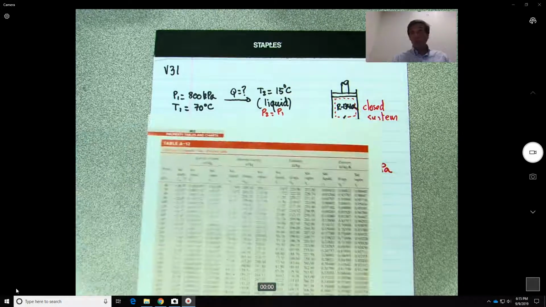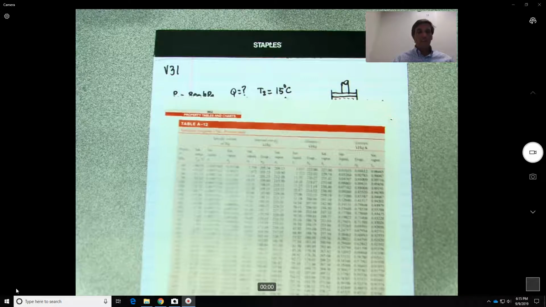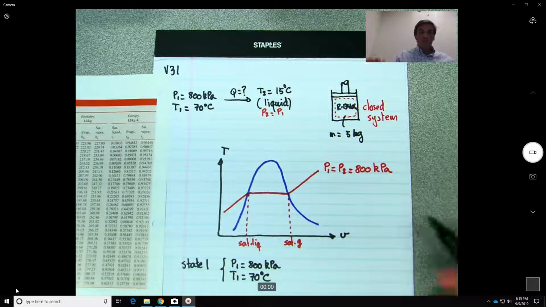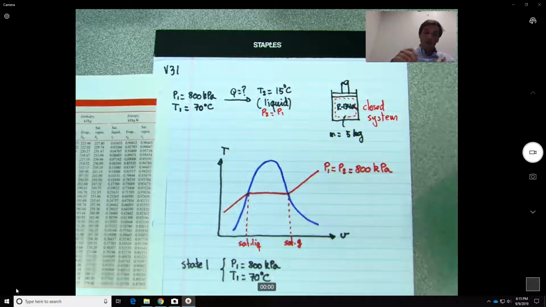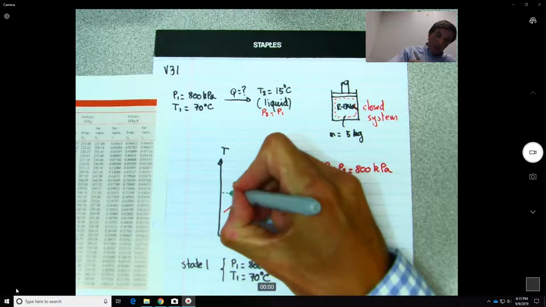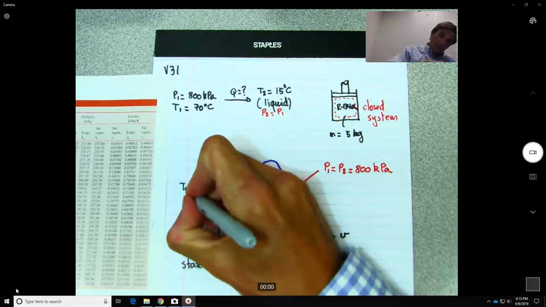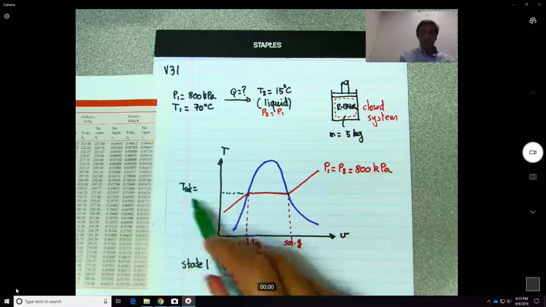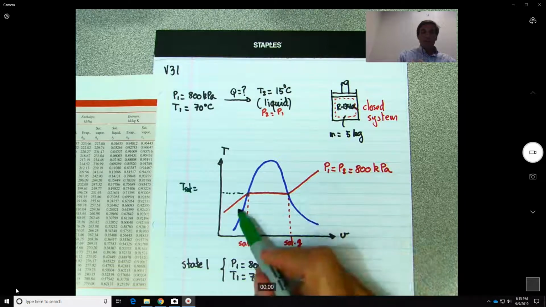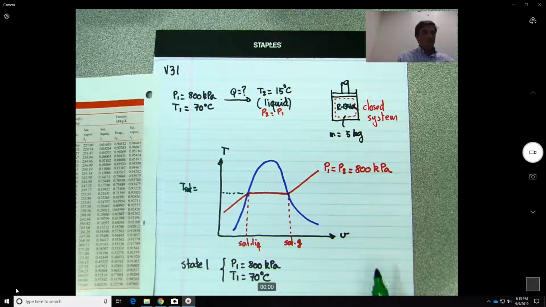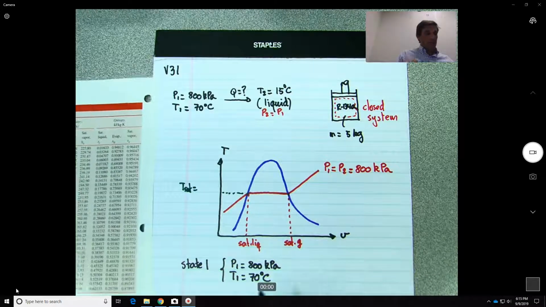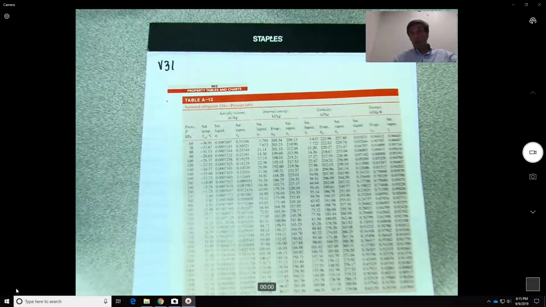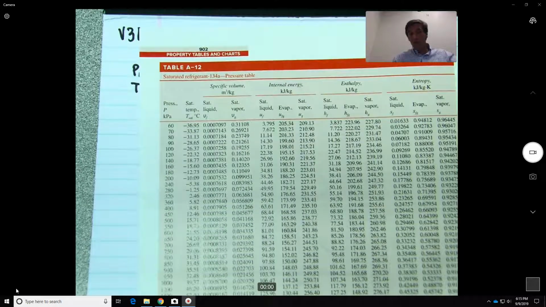Let's say I use table A-12, which is the saturated refrigerant. In order to know the state, I can try to find the saturation temperature. If the temperature that we have is higher than T saturation, we will be in this region. If it's lower, we will be in this region. So we go to 800 kilopascals on table A-12.